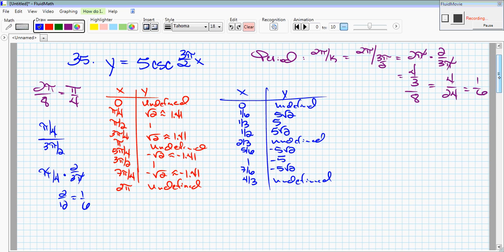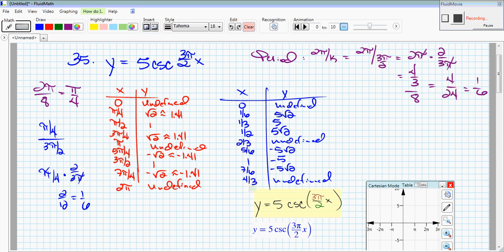If we were to graph this, y equals 5 times the cosecant of 3 pi over 2 x. Let's make sure we have this in parentheses, and let's try to give this a graph.